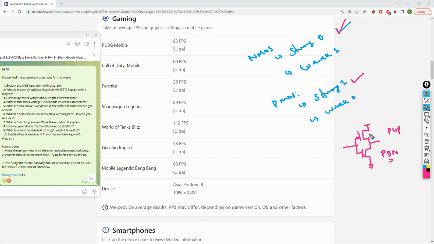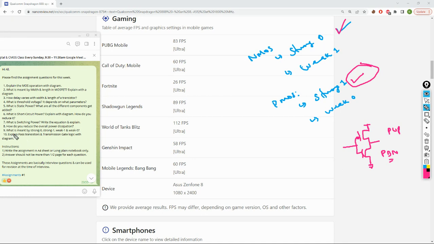The reason PMOS is on the top is that it gives strong 1, and NMOS is at the bottom, or in the lower section, because it can give you strong 0.